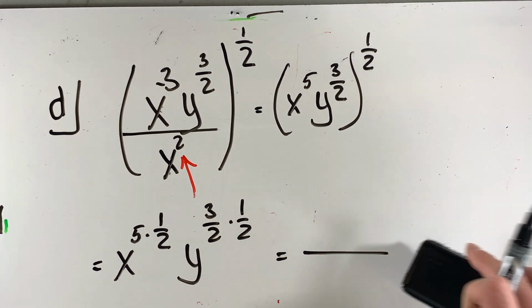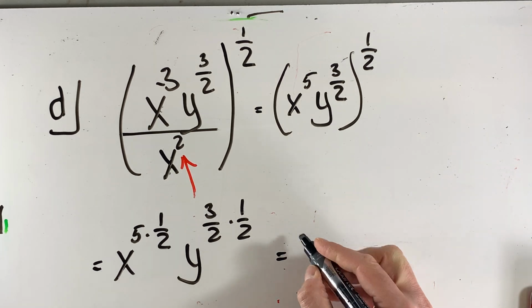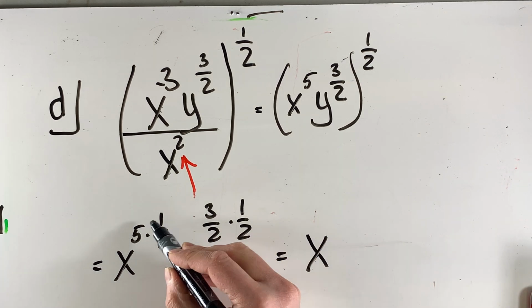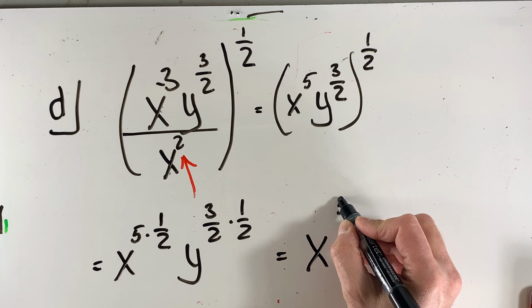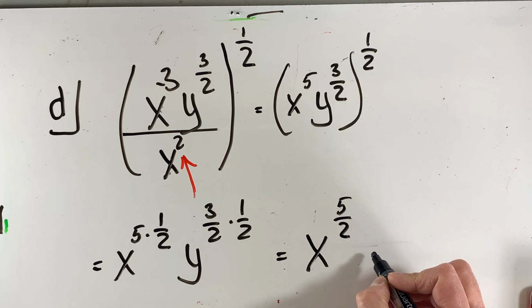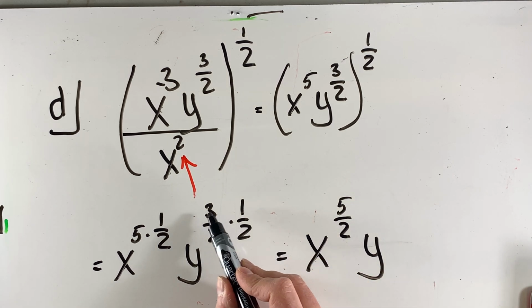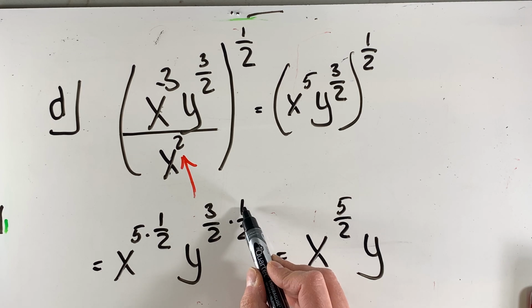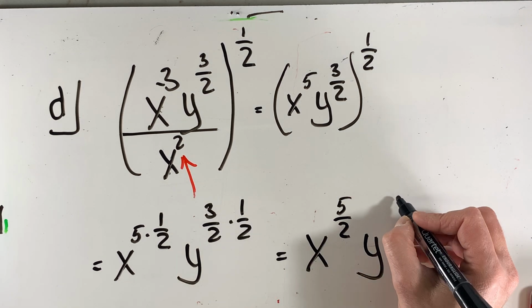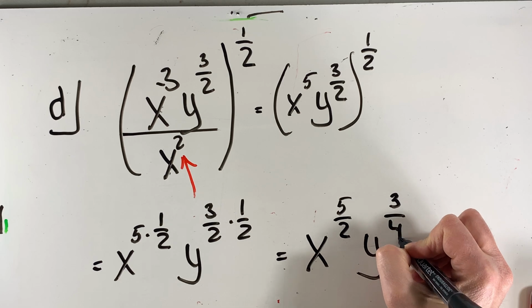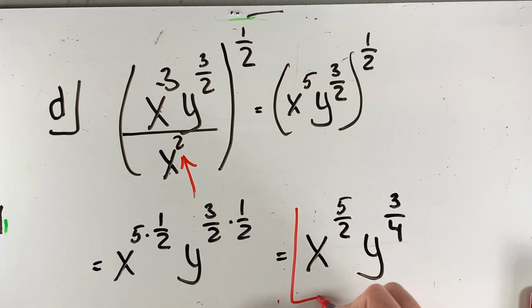Oh, that's not right, like this. So it's going to be x, 5 times 1 is 5 over 2. And then for y, the exponent is going to be 3 times 1 is 3, 2 times 2 is 4. So it's going to be 3 over 4. And that's our final answer here.